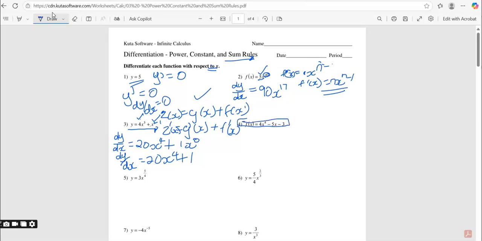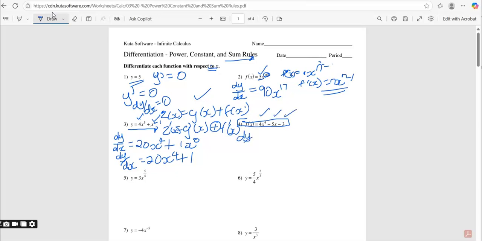Here we see that in terms of sums we have the difference, we have subtractions. It's still similar, it's the same as the sum rule, but the difference is just the sign here. So we're going to apply the rule, we derive this one, and then that one.